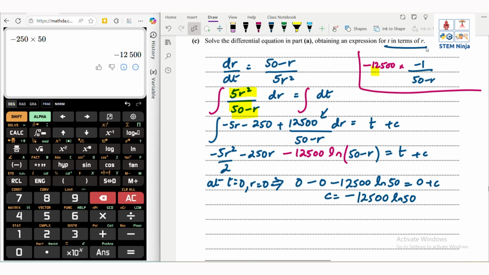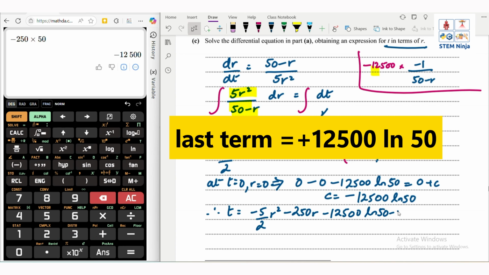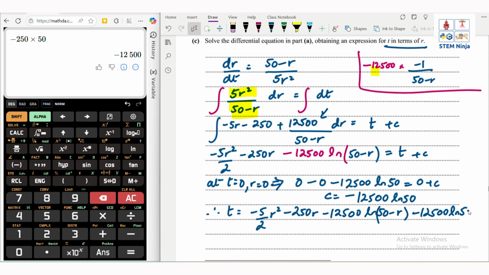We need the expression for t in terms of r, so we just need to take c on the other side. So t will be minus 5 over 2 r squared minus 250 r minus 12500 ln of 50 minus r, minus 12500 ln of 50.